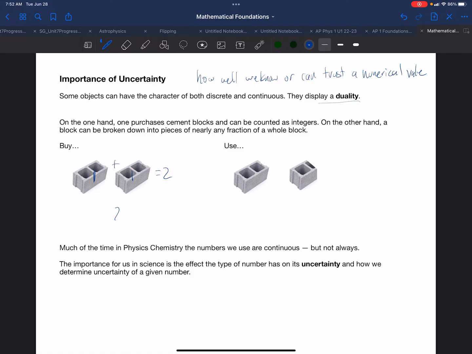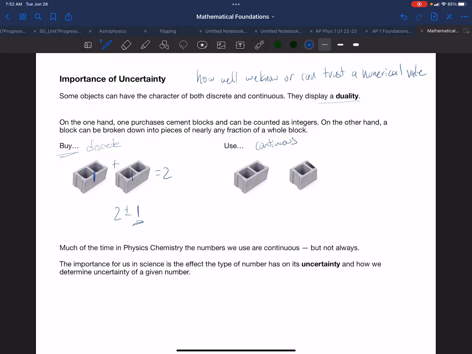So the number of blocks that we would buy would change, or we could vary it, by 1 block. But if we then took these blocks home and went to build something, we could break the blocks down and use portions of the blocks. We can only buy them in a discrete sense, but we can use them in a continuous sense.